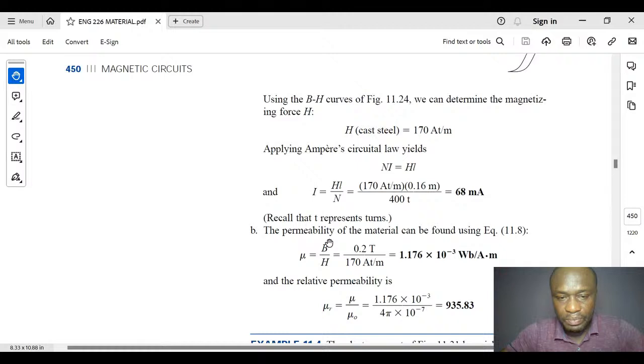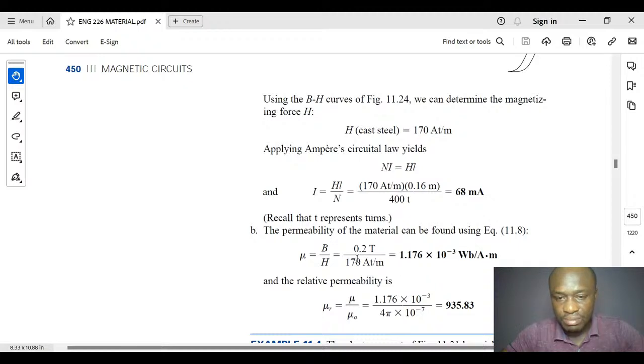Then the permeability of the material, which is B over magnetizing force. So the magnetizing force for cast steel here is 170, while the magnetic flux density is 0.2 Tesla.